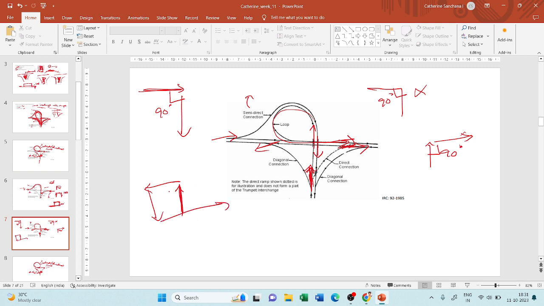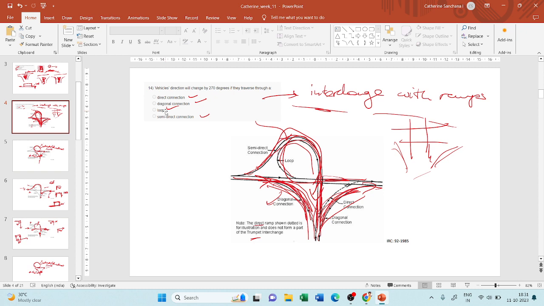This is what we saw, right? 90, 180, 270. So when you travel through a loop, your vehicle will make a 270-degree turn. So this is the question, and the answer to this is loop. Okay.